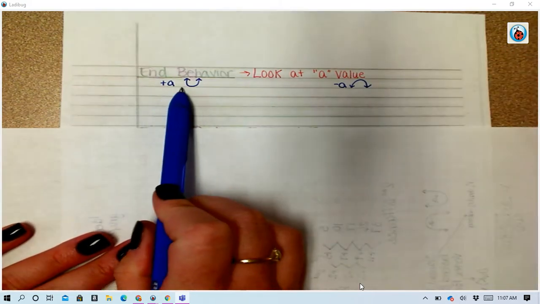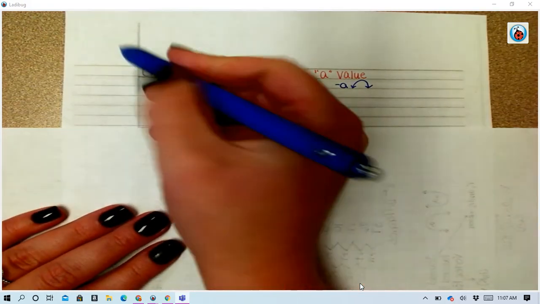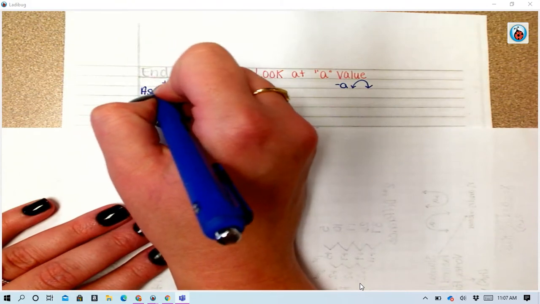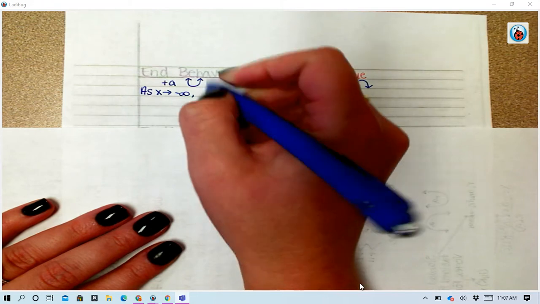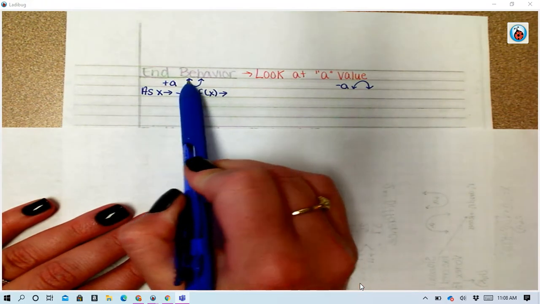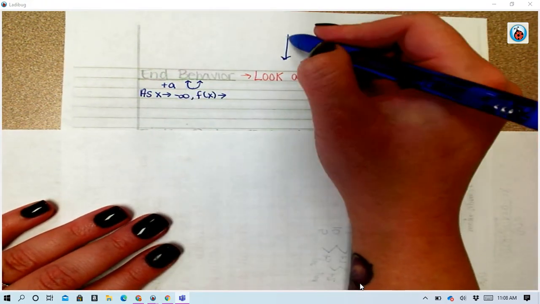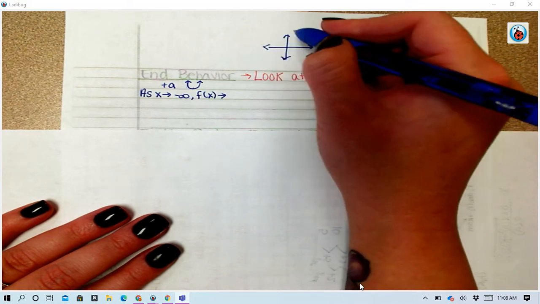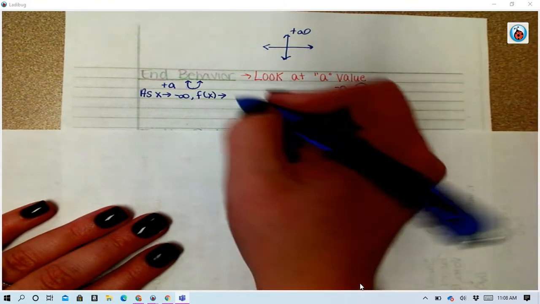And you don't even have to put this on a graph to see what the end behavior would be. As x goes to negative infinity, f of x goes to where? So on the left-hand side, which way does your arrow point? It points up. And if you remember, on the y-axis, if you keep going up, it goes towards positive infinity.